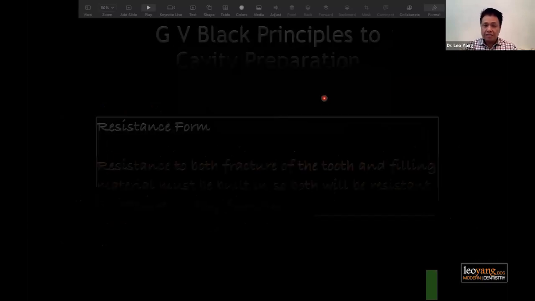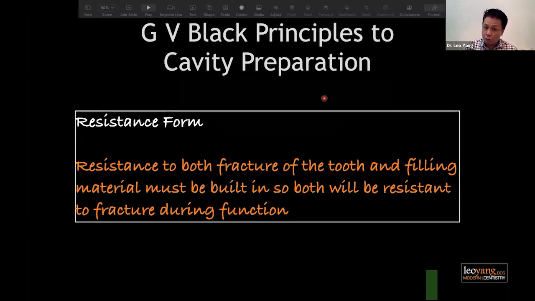The next thing is going to be resistance form. What is that? Resistance to both fracture of the tooth and filling material must be built in, so both will be resistant to fracture during function. Now, I think this applied a lot back in the old days before there were bonding agents and bondable cements.